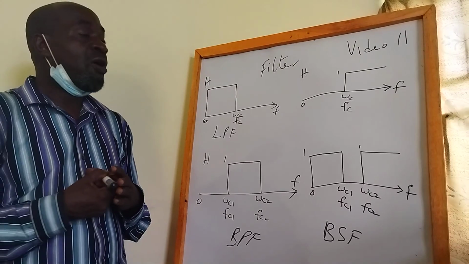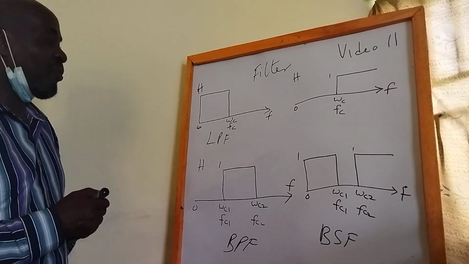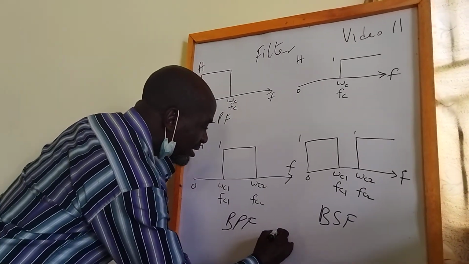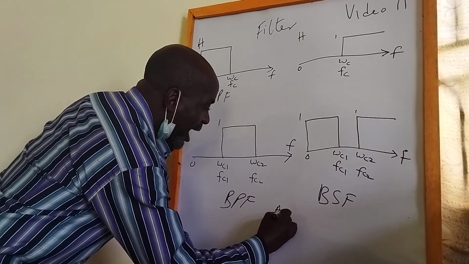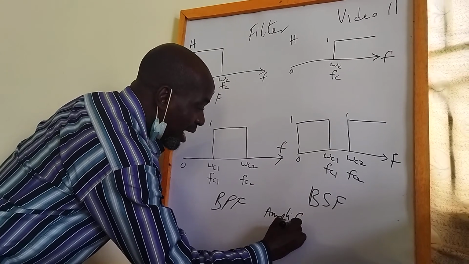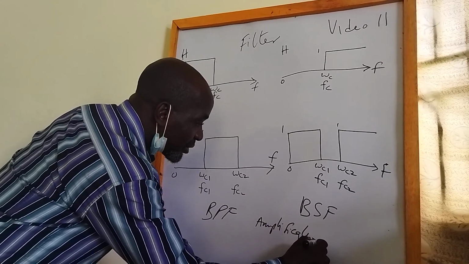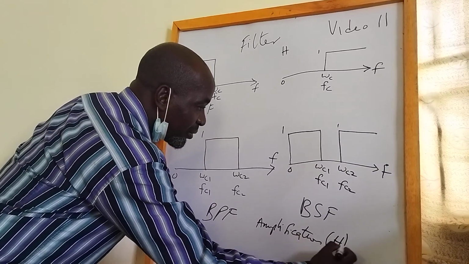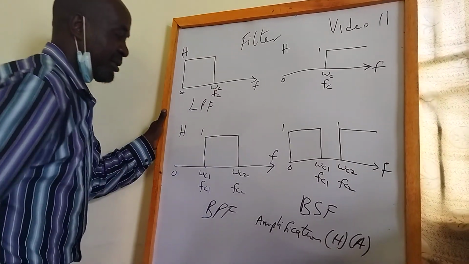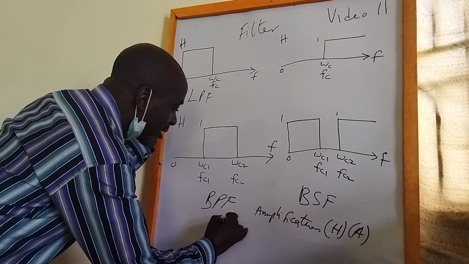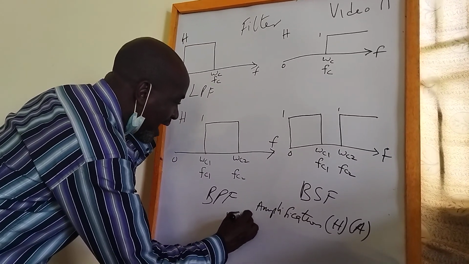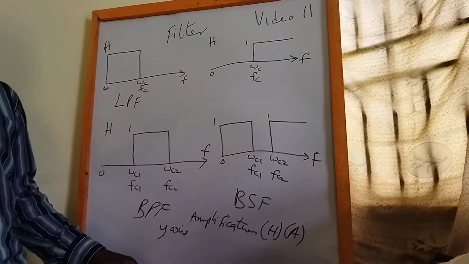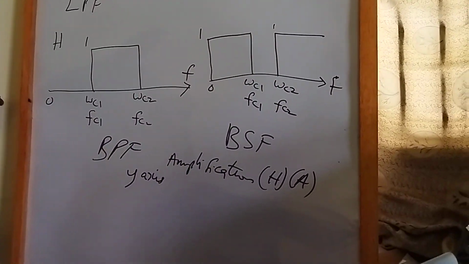On the y-axis, we have H, which can be referred to as amplification. That is H. You can use A to also represent it. That is the y-axis. The quantity we have there is the ratio of output over input.